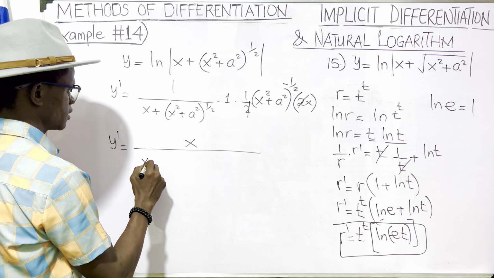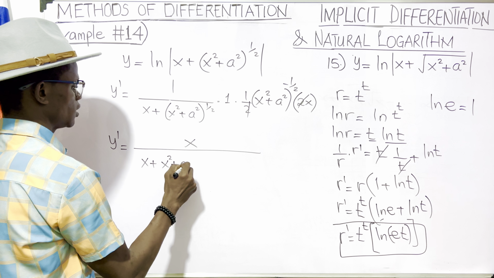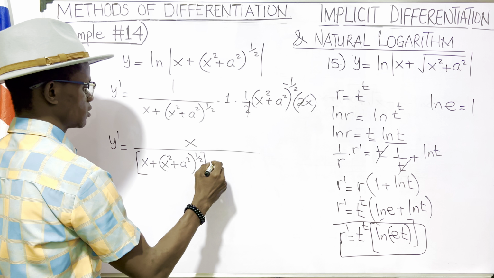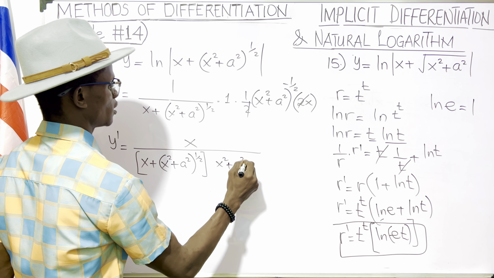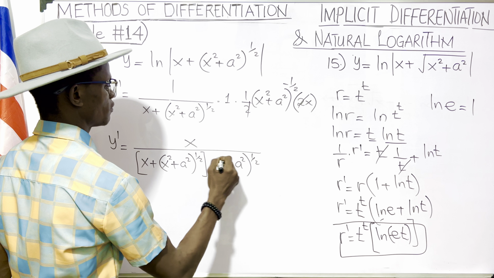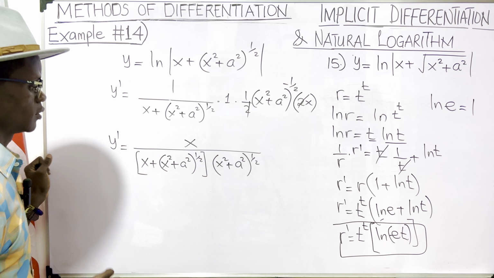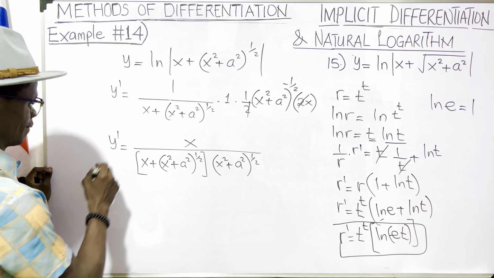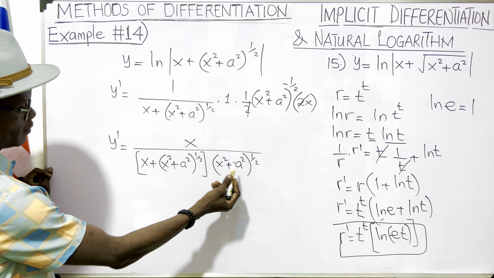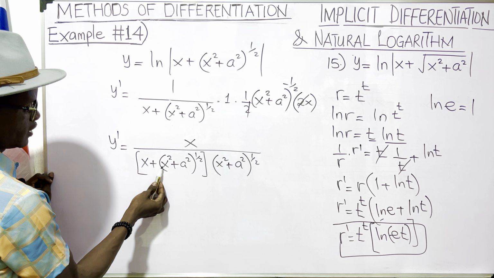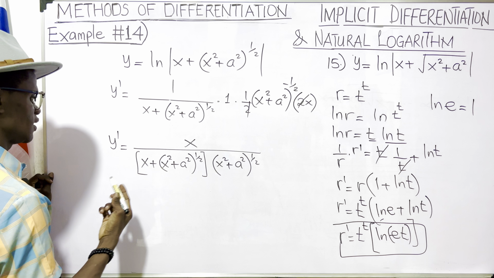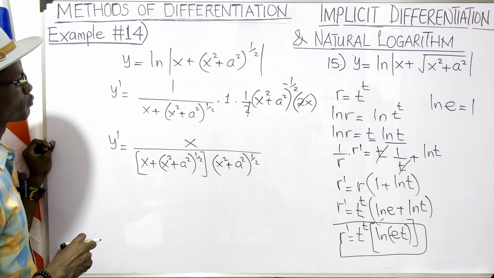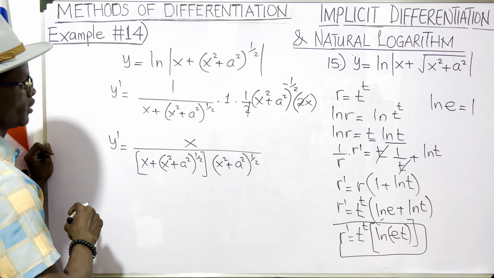Down here, we have x plus x squared plus a squared raised to the power half, times x squared plus a squared raised to the power positive half. We multiply this and this. It's not too important, in fact, that we even multiply.